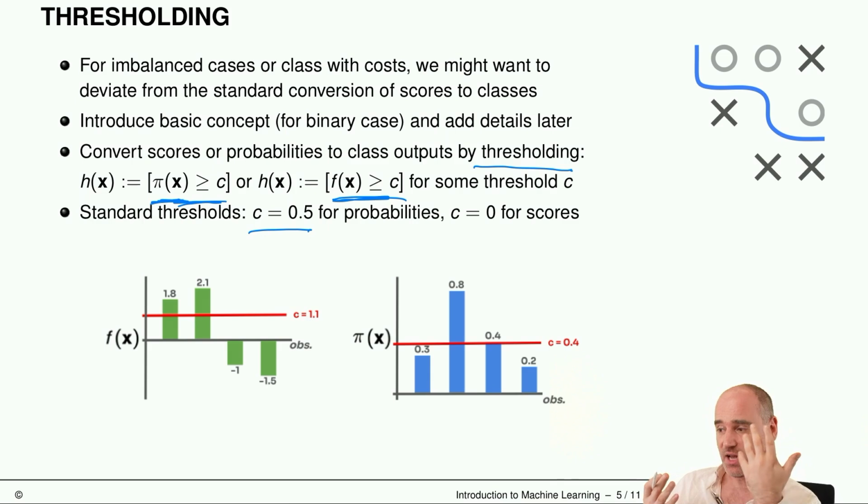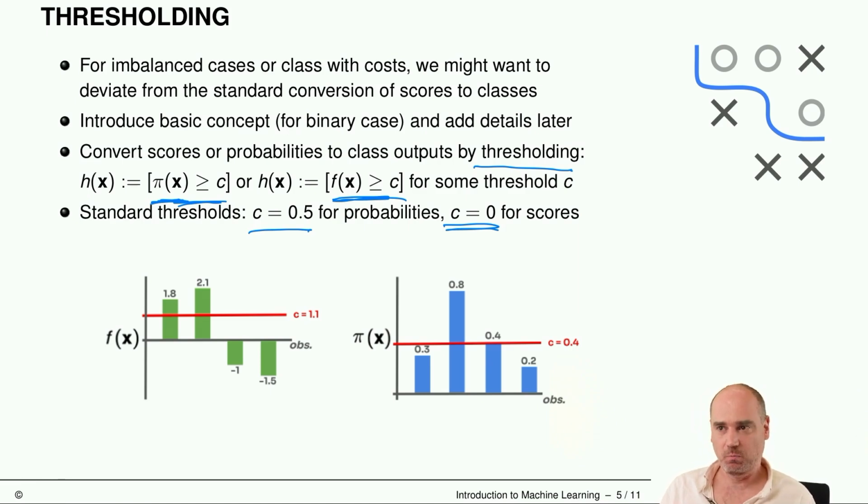If we have a value larger than 50%, then the probability for the positive class is the largest one, right? That's very consistent with the argmax definition we gave on the slide before. For similar reasons, the standard threshold for a score-based classifier would be 0. If it's negative, predict class -1. If it's positive, predict class +1.